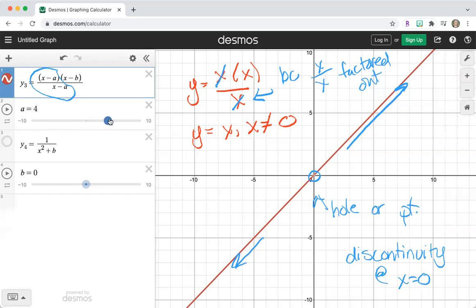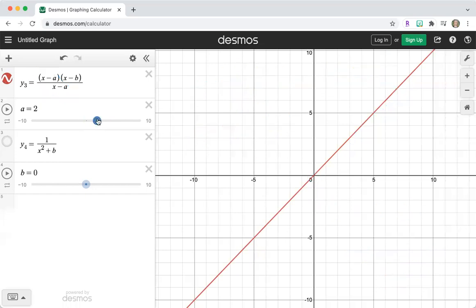So if a is, let's go all the way to 4. So let's see what happens now at x equals 4, because it's x minus a. So let me go back here, put this back to 0, clear all of this. And now let's move to 4.